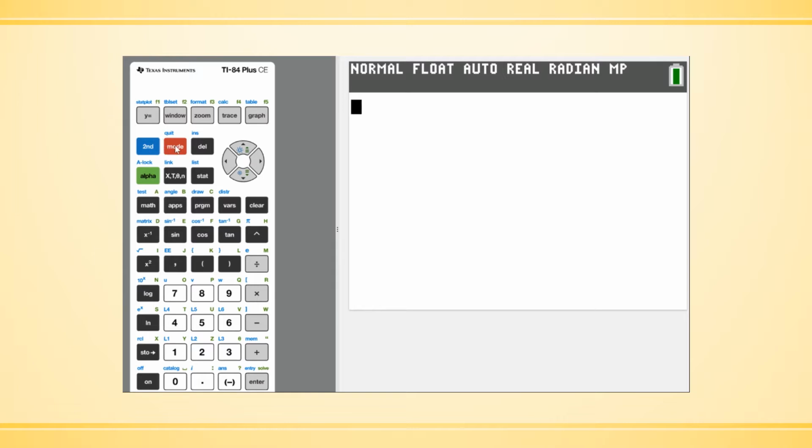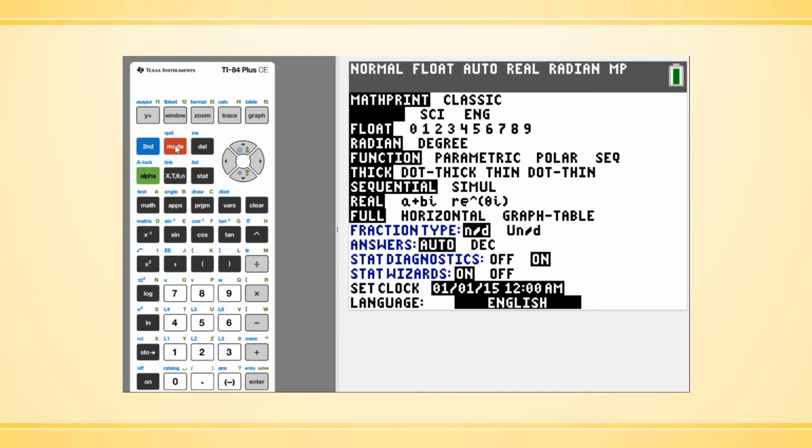So I'm going to click this mode button right here, mode. And right now, if I come down here to this fourth line, I see that I'm in radian mode. So I'm going to scroll down and move my cursor over to the degree mode, and I'm going to hit enter. So I want to make sure I'm in the right mode.